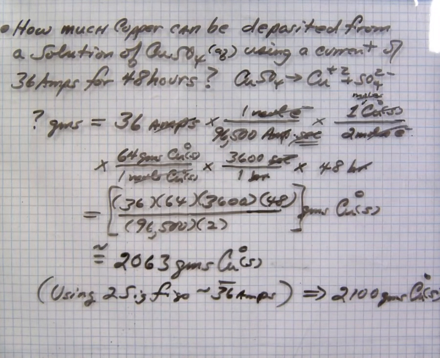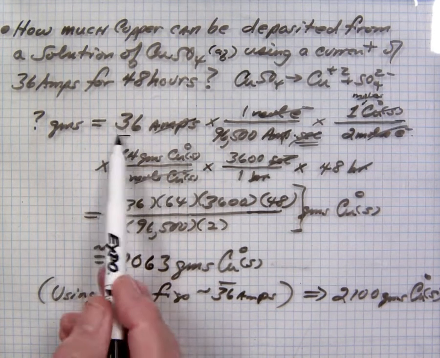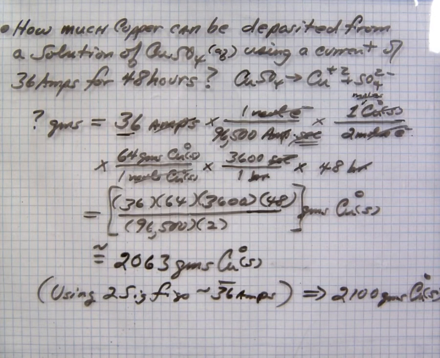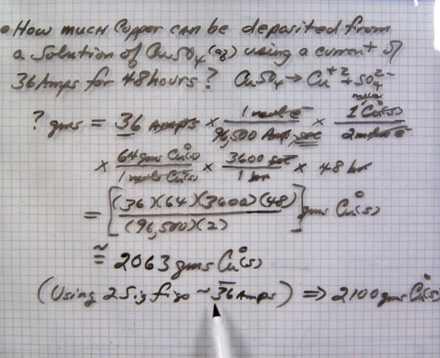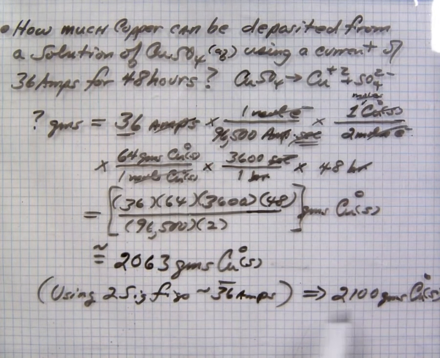So that works out to exactly 2063 grams of copper, and using the 36 amps as the measure of our indicator of sig figs, we'll round that off to 2 significant figures, and we'll have 2100 grams of copper produced.